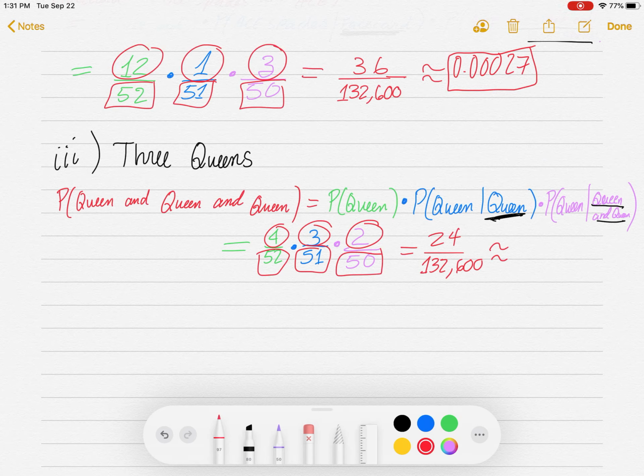What happens when I divide that out? 24 divided by 132,600. Get a decimal. Really small decimal. I'm going to go to 5 decimal places. 0.00018. So if you want to go to 4, you could say 0.0002 if you wanted to. I'm going to go to 5 because it's such a tiny decimal.